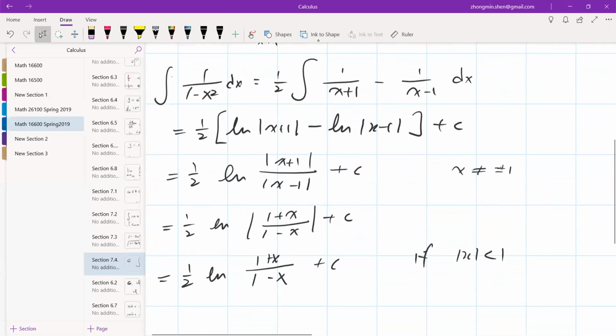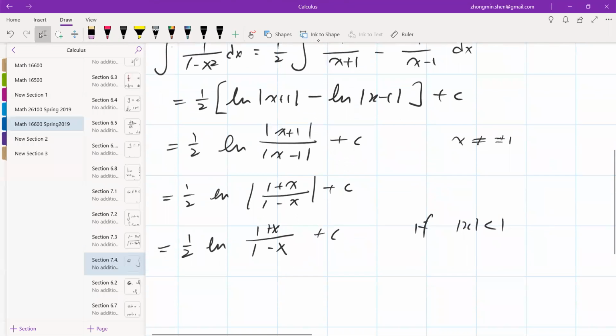That's why you can remove this. And surprise, this is nothing but the inverse hyperbolic tangent x. See page 487. That's the formula.